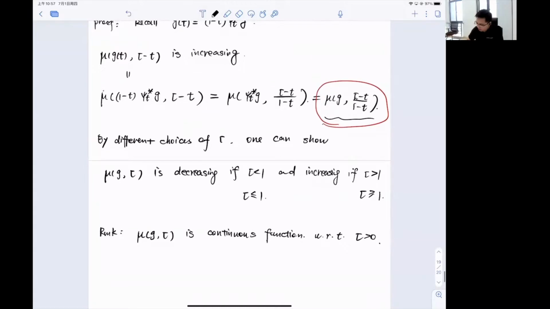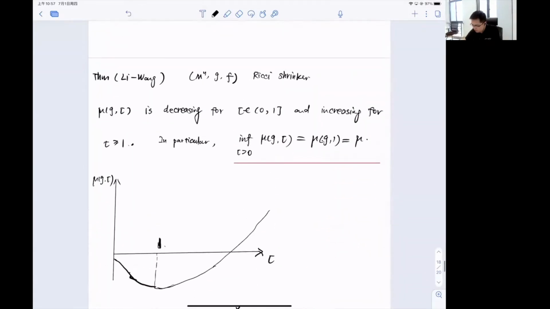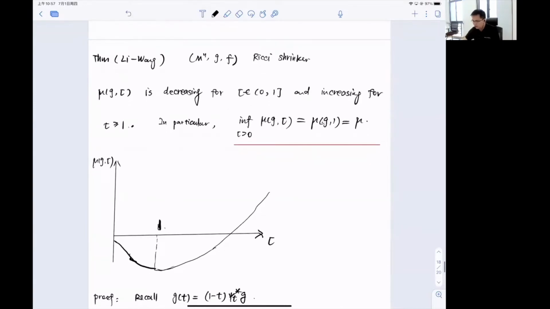Okay, now what is the importance of this theorem? That is, what can we obtain if we already know that the entropy for any scale, that is mu g tau for any tau, is always greater than or equal to our entropy mu?